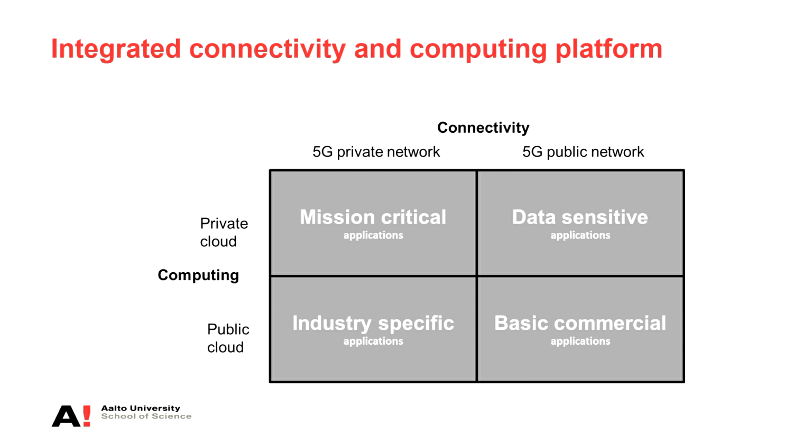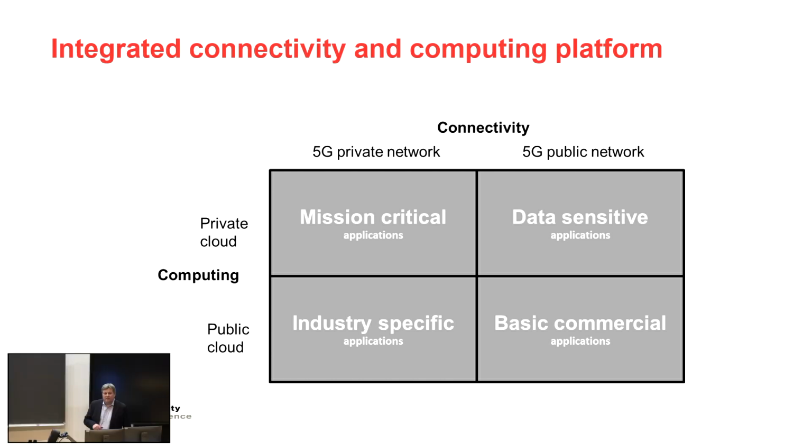If you want to use mission critical applications, it's better to have a private cloud and a private network in order to guarantee that the data is not going outside and nobody has any possibility of manipulating the data. That also enables the latency to be as low as possible because the computing takes place closer to the users. So that's like a private 5G network and a private cloud.